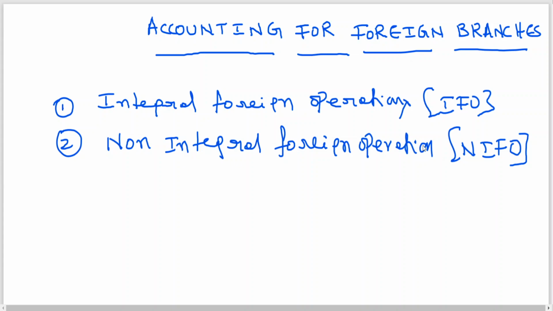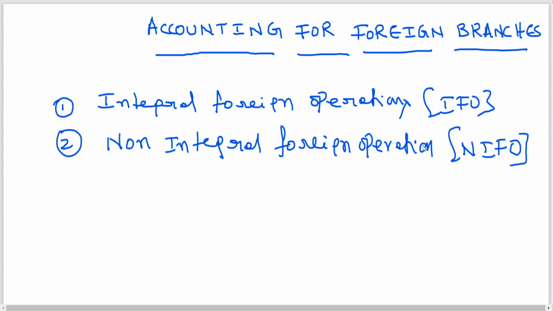As I told you, a stand-alone unit means they are independent. They can carry on their activity, and they can arrange borrowings substantially in the local currency. They can borrow, they can sell, they can get the cash. This is called a non-integral foreign operation.